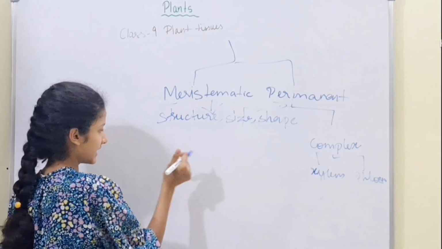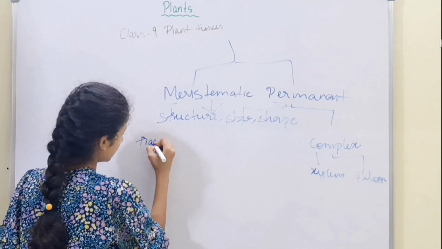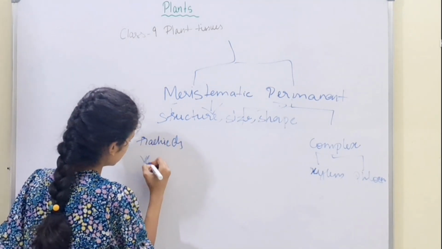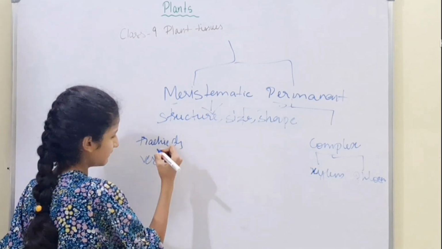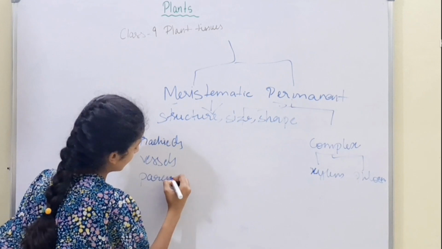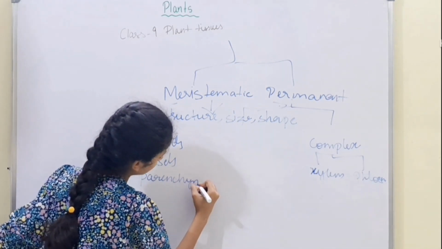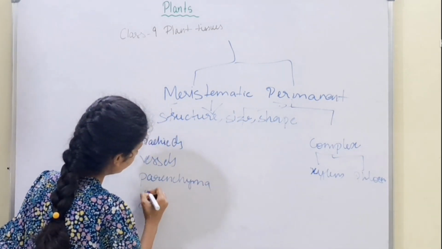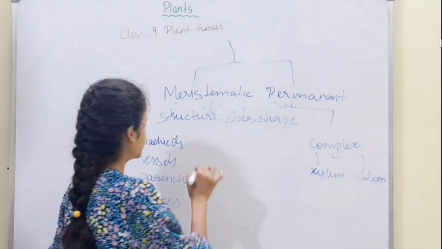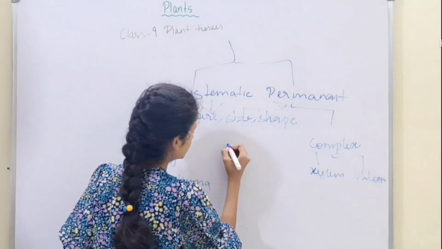In xylem, what are the main things? Tracheids, xylem vessels, xylem parenchyma, and xylem fibers. In phloem, we have sieve tubes.